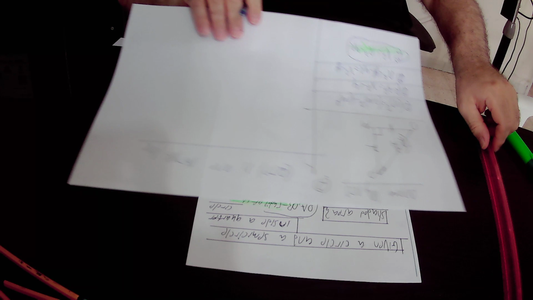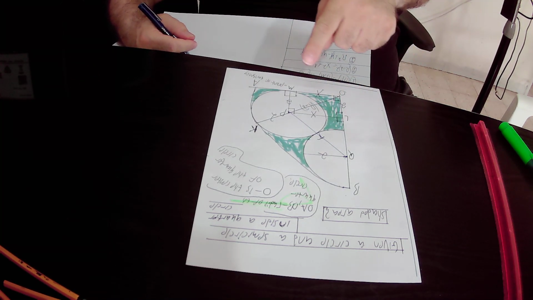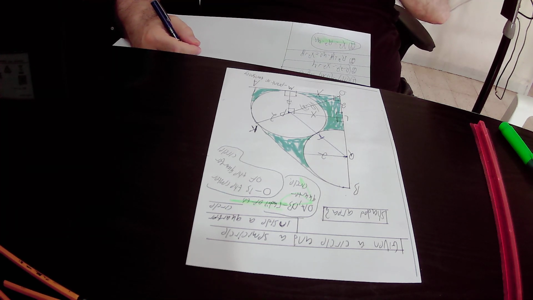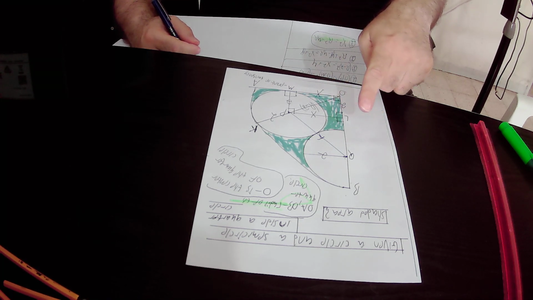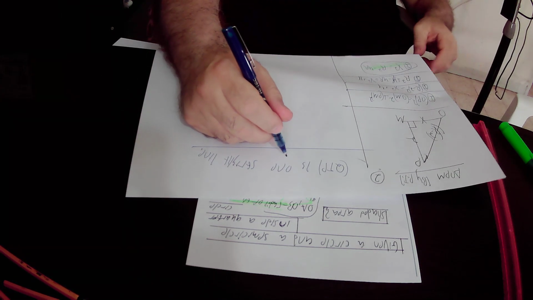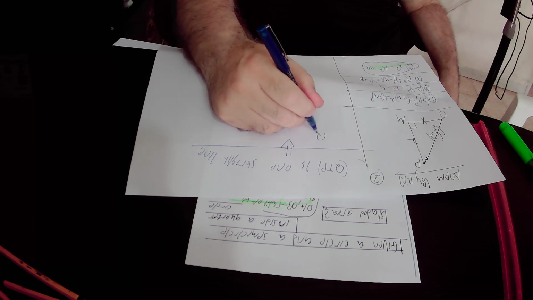And we can also say, in other words, that points Q, T, and P are all located on the same straight line. So if QTP is a straight line, then QP is also a straight line. So I write down that QP is also a straight line.